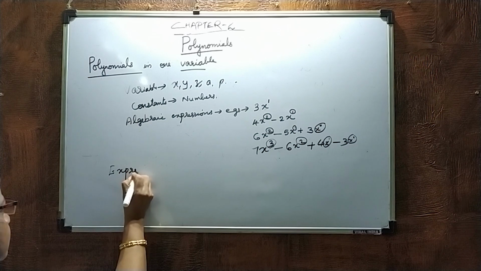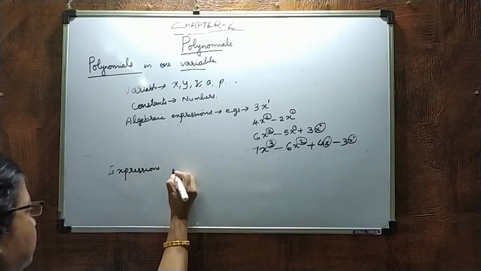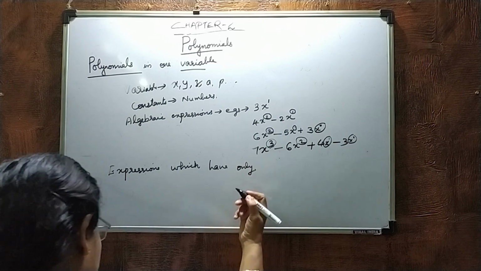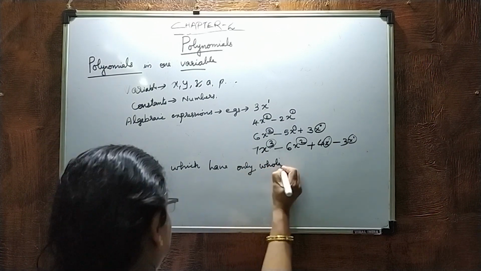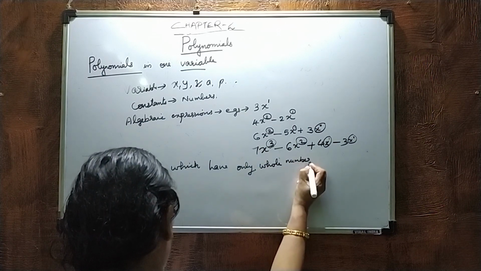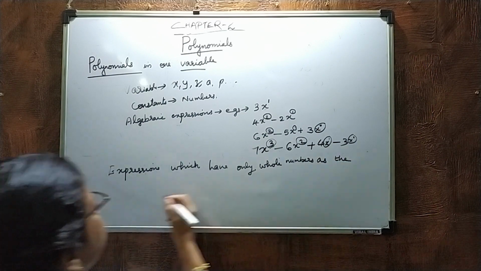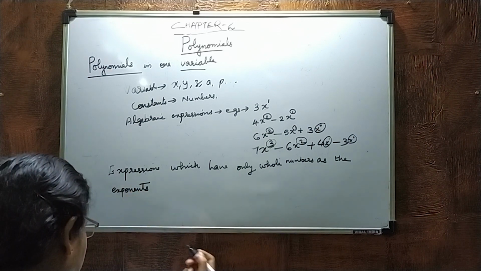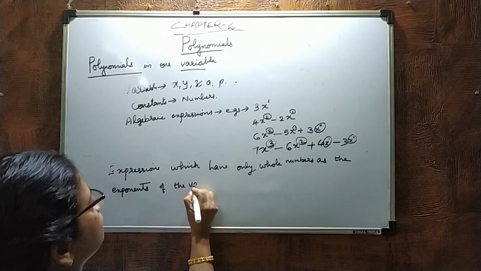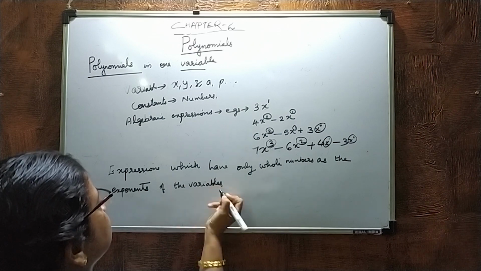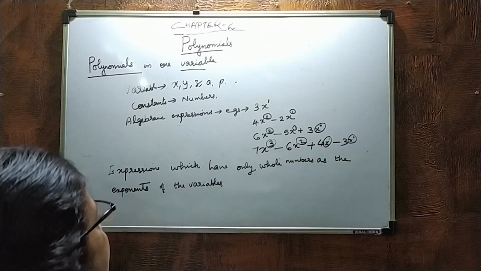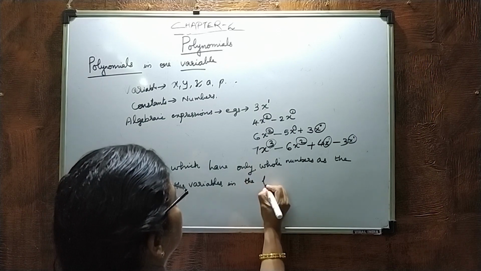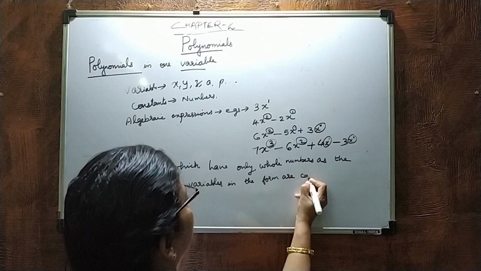The expressions which have only whole numbers as the exponents of the variable, expressions which have only whole numbers as the exponents of the variables, are called what?